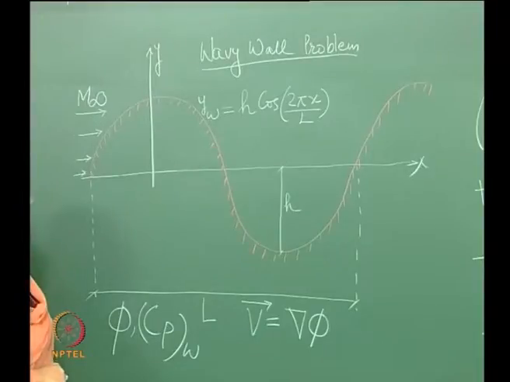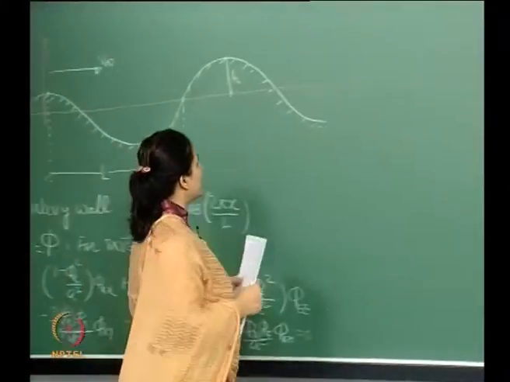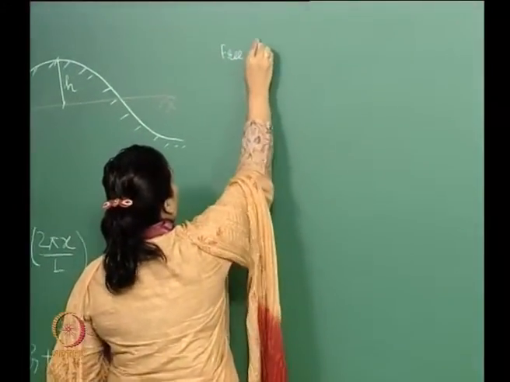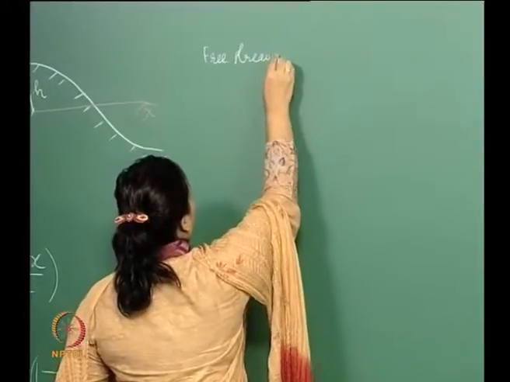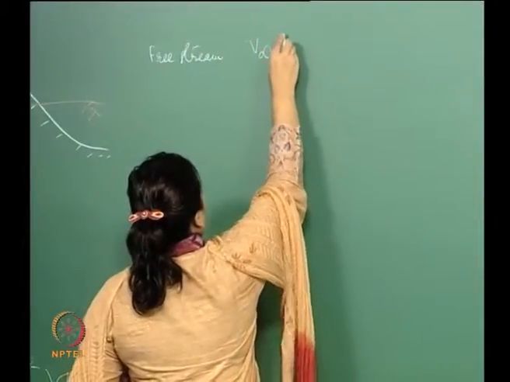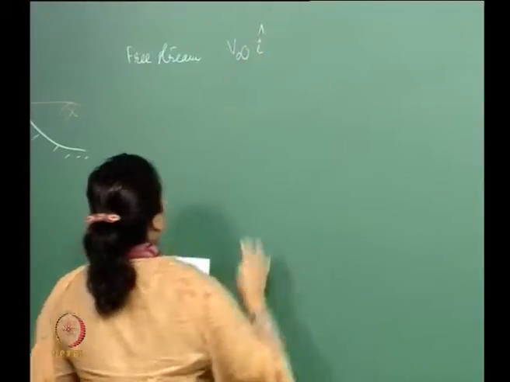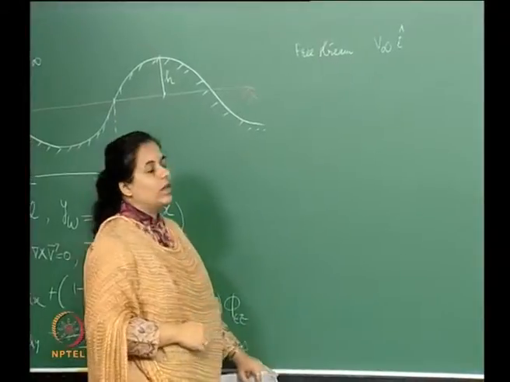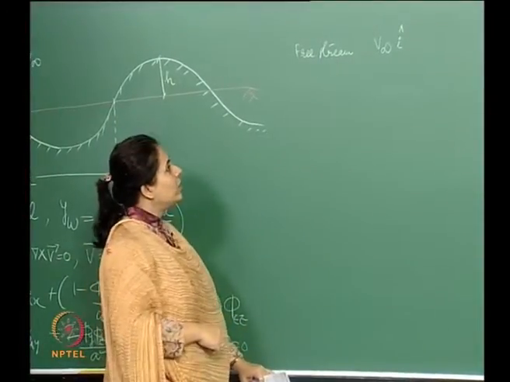Let us go ahead and try to solve this. Let us write our free stream in vector form. This is how it is. This is my free stream, and say the local velocity.